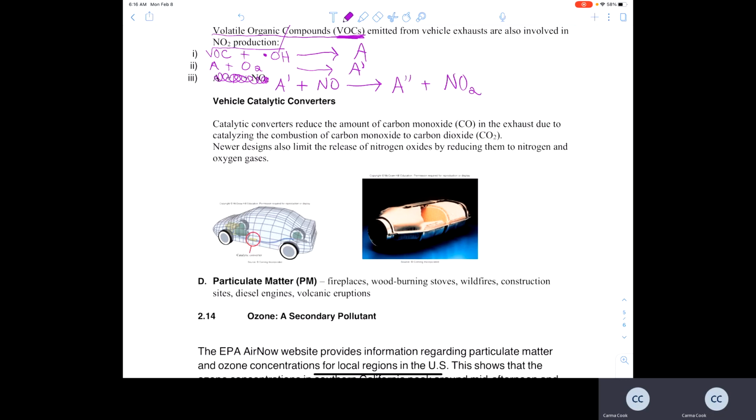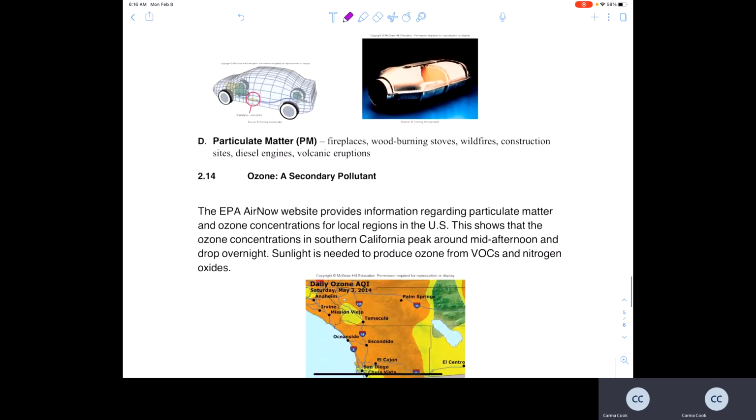So that's why your catalytic converter in your car is so important. It takes the carbon monoxide that's being produced and converts it to carbon dioxide. Newer designs of catalytic converters can also limit the release of the nitrogen oxides by reducing them to nitrogen gas and oxygen gases. So therefore, the catalytic converter is a very important tool that has helped us improve the air quality in the United States.